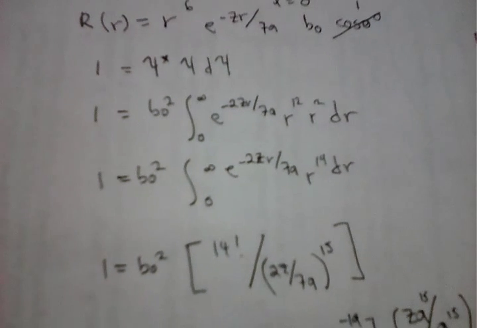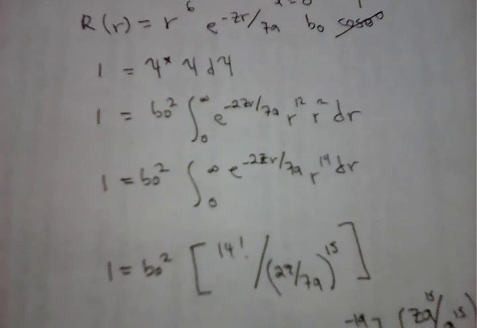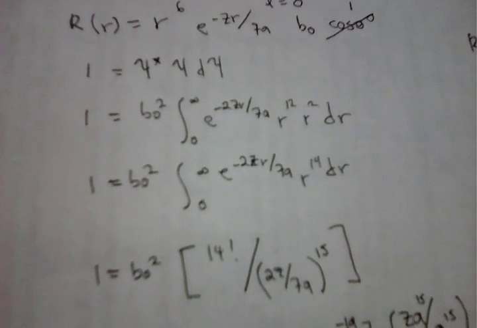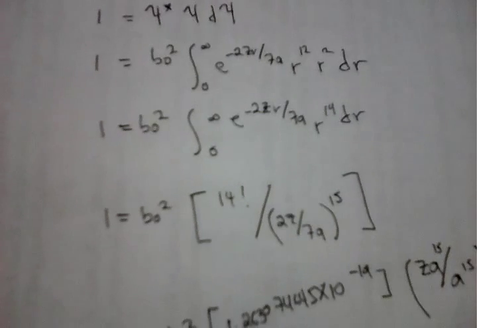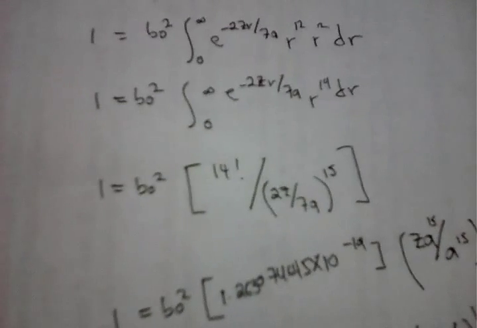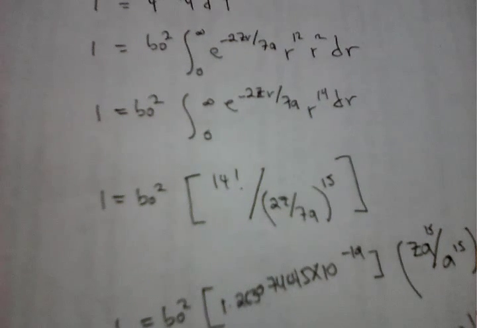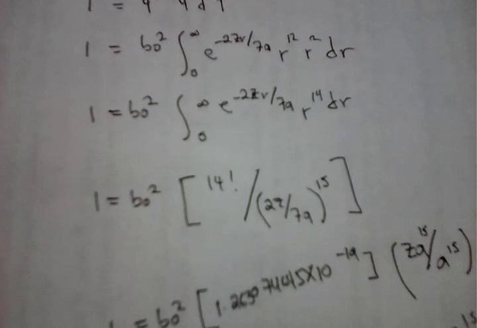Then the integral of this exponential equation will be 1 equals b naught squared, 14 factorial over (2Z over 7a) raised to 15.